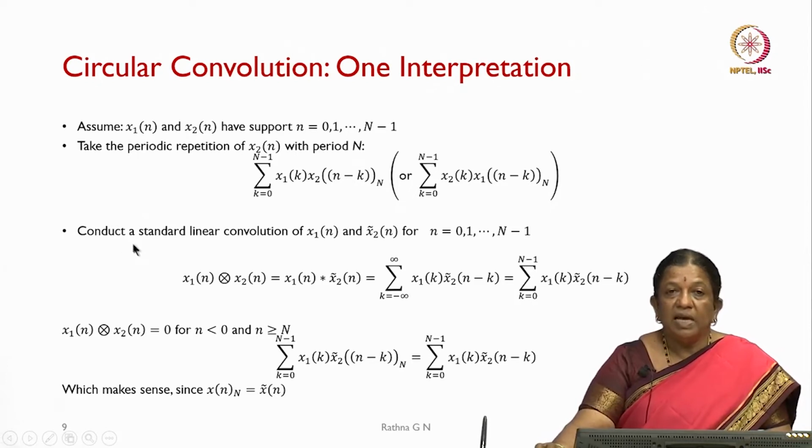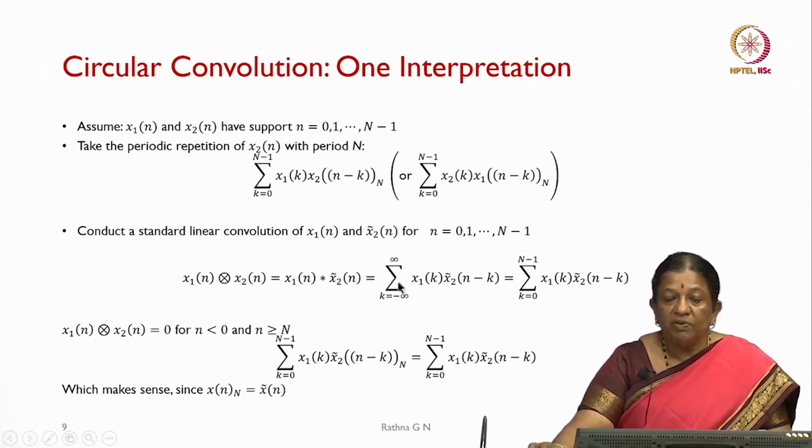So, conduct a standard linear convolution of x1 and x2 tilde of n for n equal to 0 to n minus 1. Remember that circular convolution has the symbol x1 of n circularly convolved with x2 of n, or the other way round, x1 of n linearly convolved with x2 periodic tilde of n, which is the same.